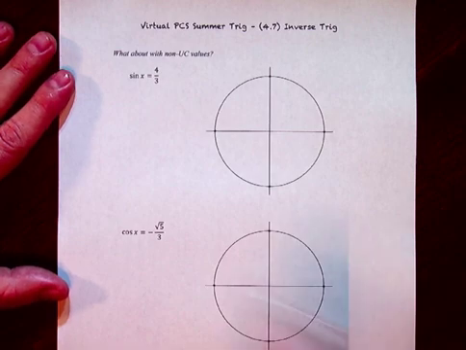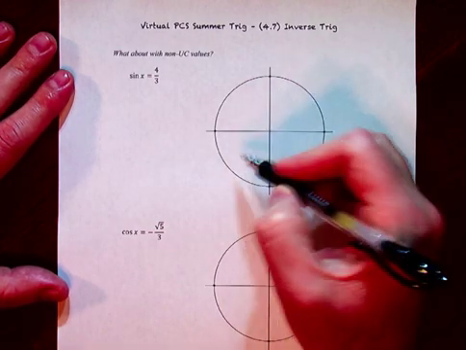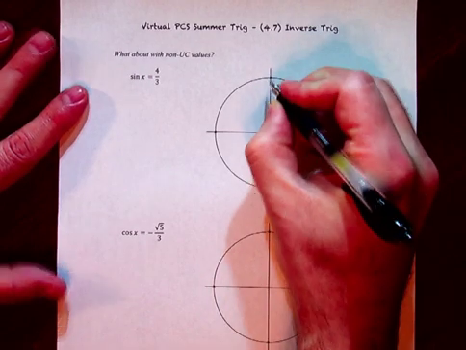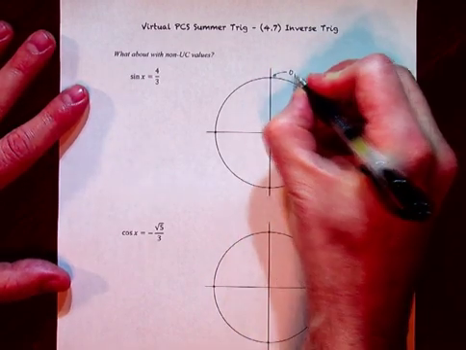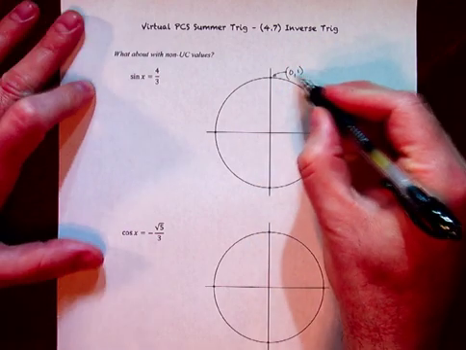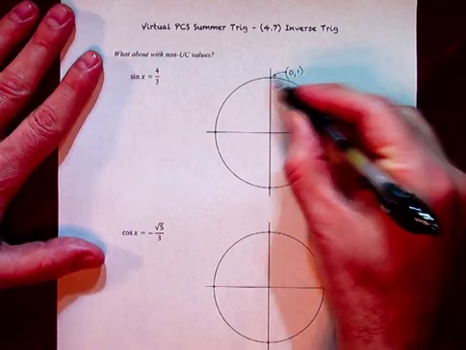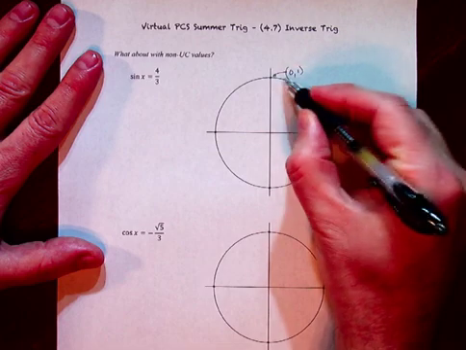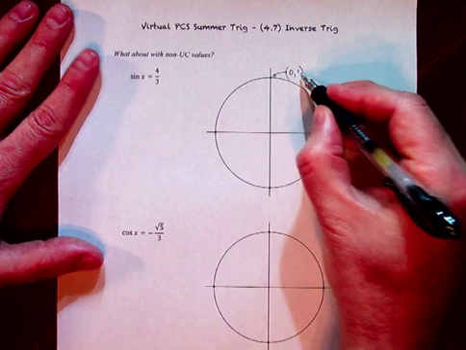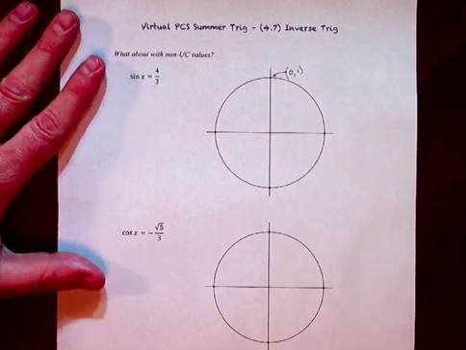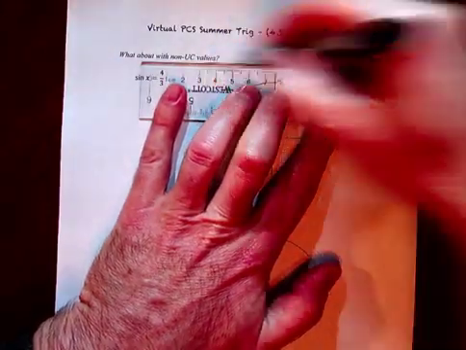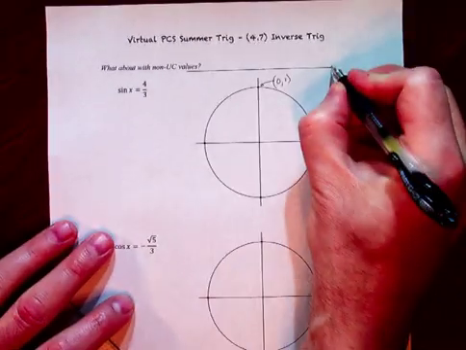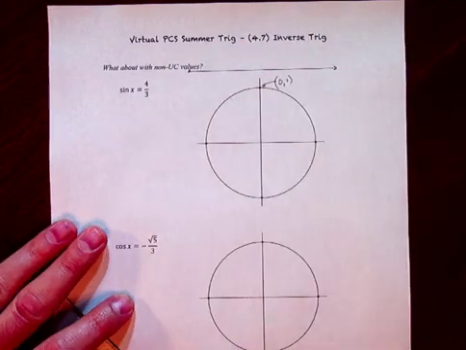Because if we're thinking about this being the unit circle, this point right here is 0, 1, where sine is the largest sine value you can get, and that largest value is 1. If we're looking for a horizontal line up here, it does not intersect the circle.